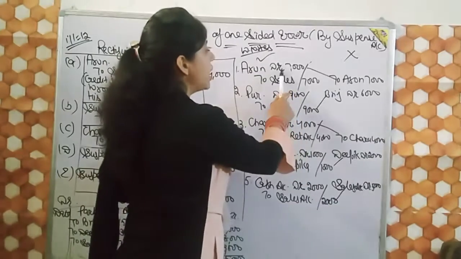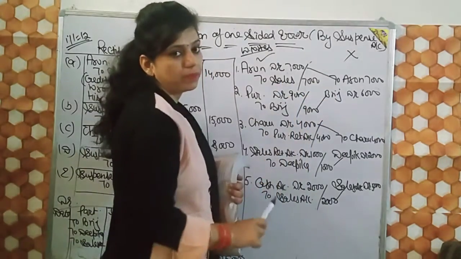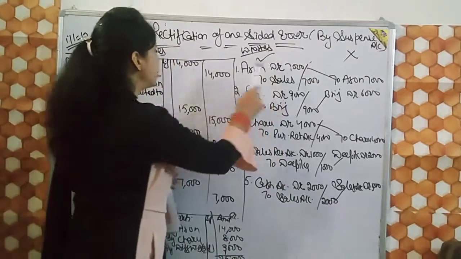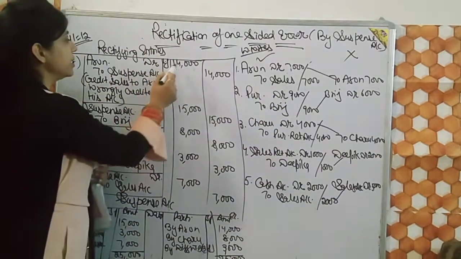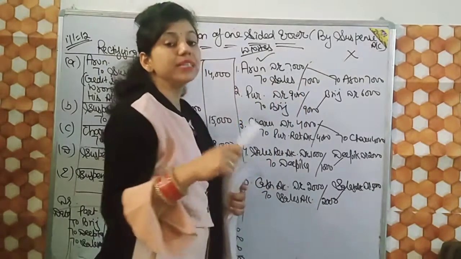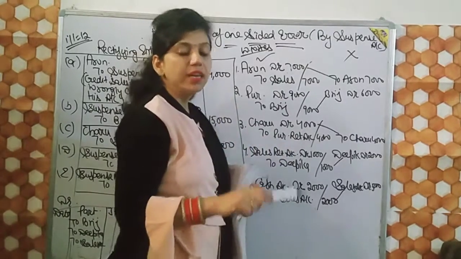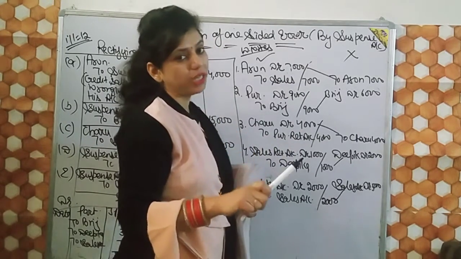That means Arun should be debited by 7 plus 7, 14,000. Once it will be debited for the right entry, 7,000. And secondly, because it is by mistake credited, it should be debited again. So 7 plus 7, 14,000.